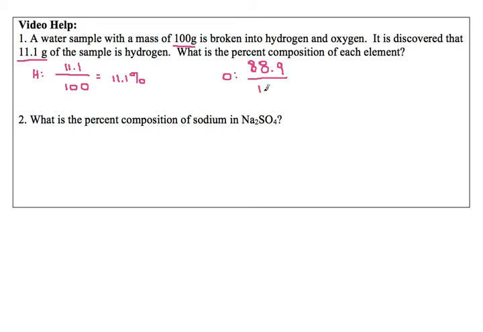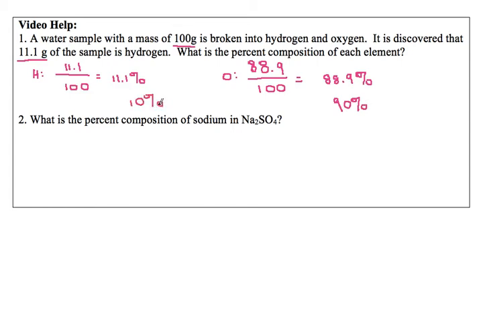So I'm going to take 88.9, which is the mass of oxygen, and divide it by 100. And so what you'll end up getting for this one is 88.9%. And so using correct sig figs, this would end up being 90%, and this would end up being 10%. The main thing, guys, your percents have to add up.